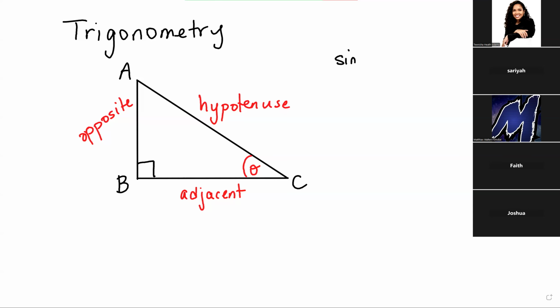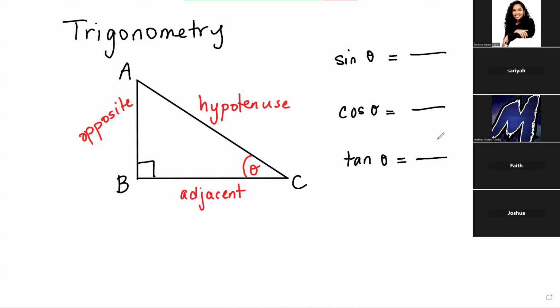Which is abbreviated as SIN, still pronounced sine, cosine, and then tangent. So we say sine, cos, and tan, right? So sine theta, cos theta, and tan theta. The cos of an angle, in this case theta, that's our angle of reference, is equal to something over something. Cos theta is also equal to something over something, and tan theta is equal to something over something. That's why we call them ratios, right?